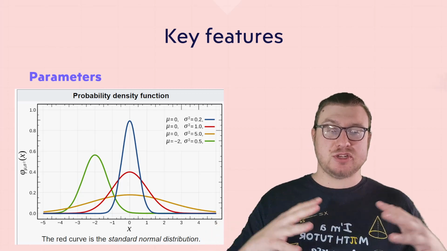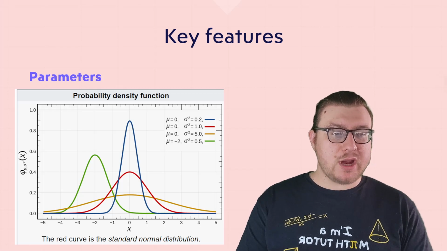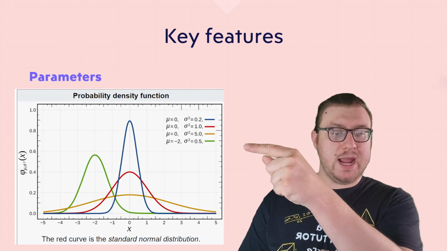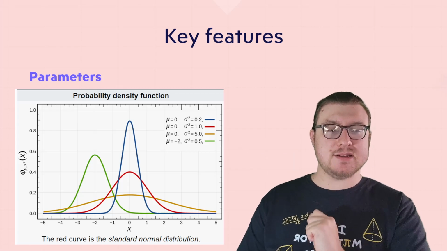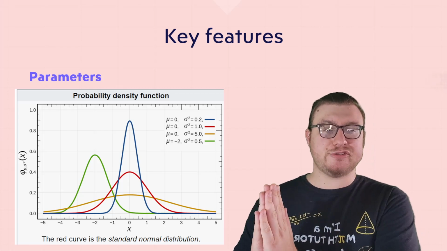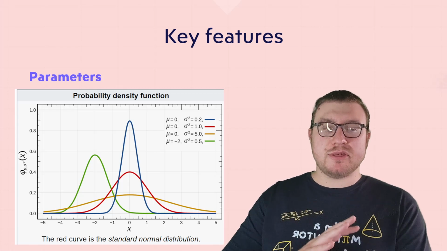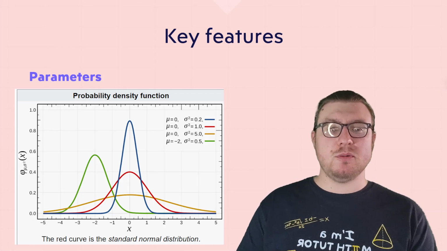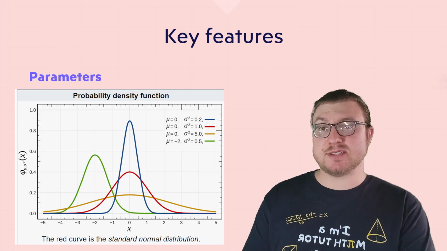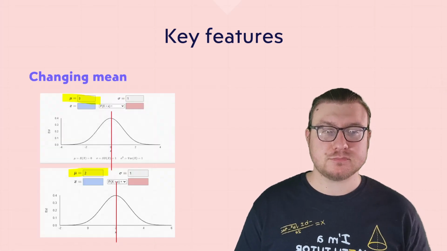The range is much bigger. If we look at the green graph, the mean is -2. That means on the graph here, we can see that it is shifted left because the mean is now -2. So this is how these two parameters change the normal distribution, and we can adjust it to whatever situation we have in our real example.